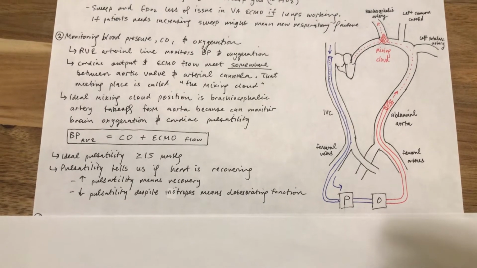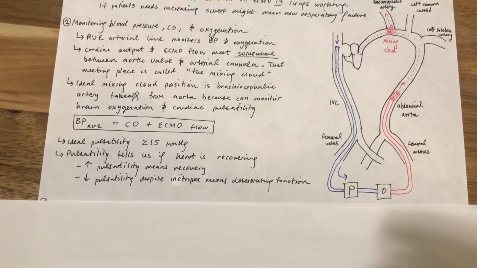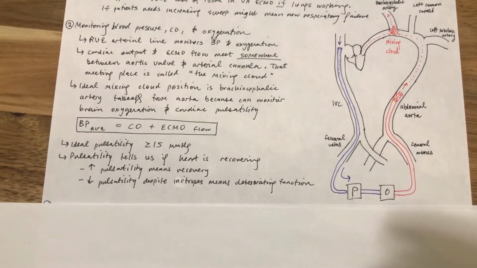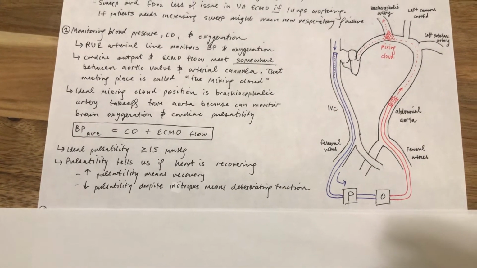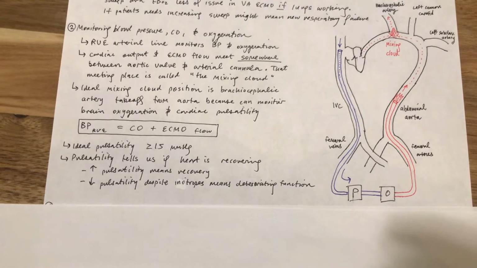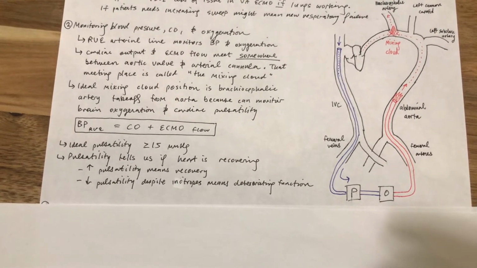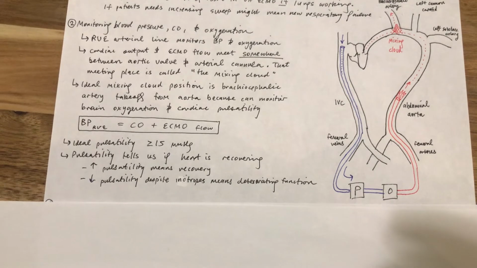That mixing cloud is a key concept in VA ECMO that VV ECMO doesn't have. We're going to spend a little bit of time talking about the mixing cloud now, with a broad overview, and then we'll go into mixing cloud complications.